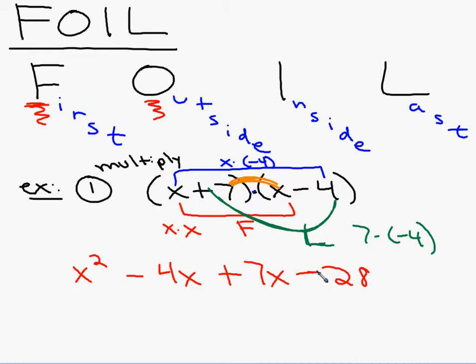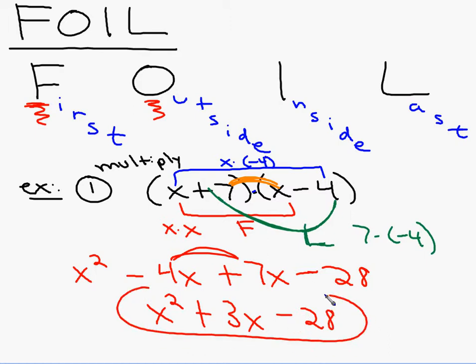Do you see there are two terms in the middle that are alike? What's negative 4x plus 7x? No, it's not 11x. It's 3x. Positive 3x. So now I have x squared plus 3x minus 28, and that is my answer. I have now multiplied the two binomials using what we call FOIL.